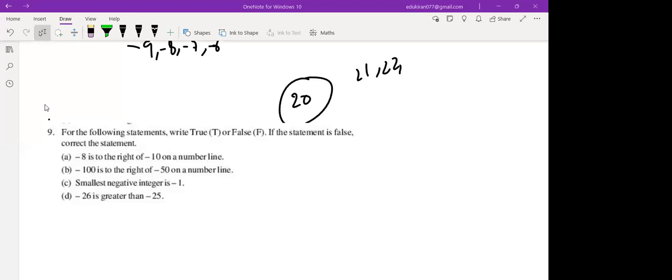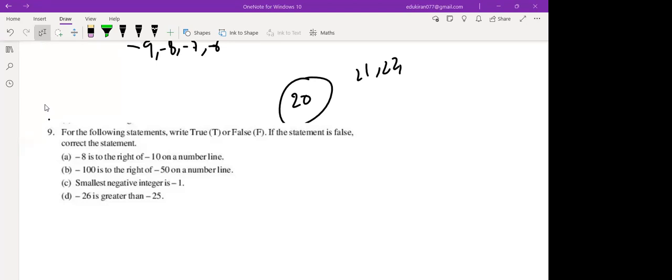Is this the smallest? This is the biggest, largest number, because in negative, the smallest looking number is always greatest and the greatest looking number is smallest. Ma'am, it is written that if the statement is false, correct the statement. So I can write any of the numbers, right? Yes. Any negative number.